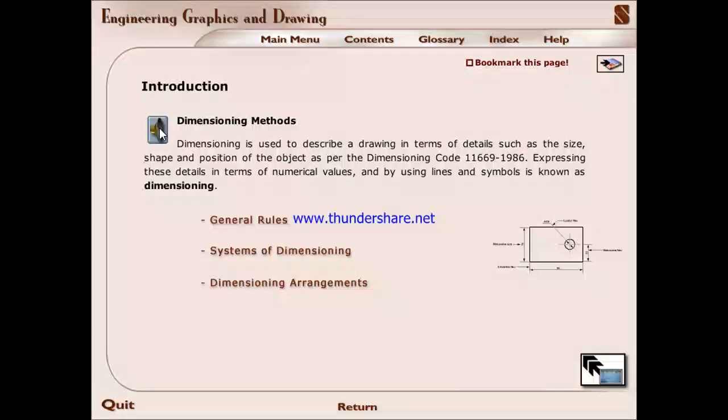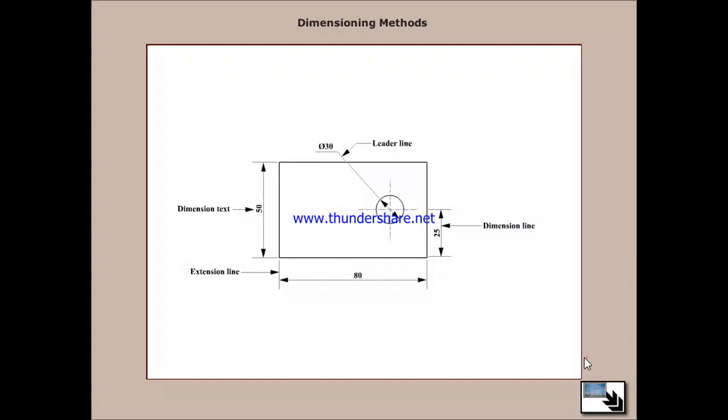In dimensioning methods, we'll discuss some more points like general rules of dimensioning methods, systems of dimensioning and dimensioning arrangements. Now first we will discuss once again an example of dimensioning.